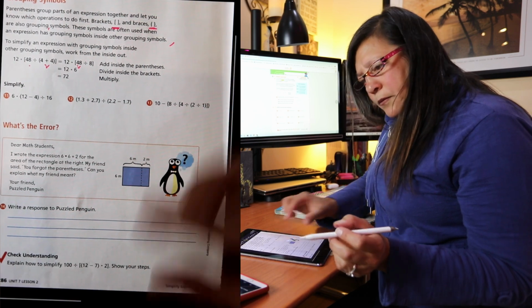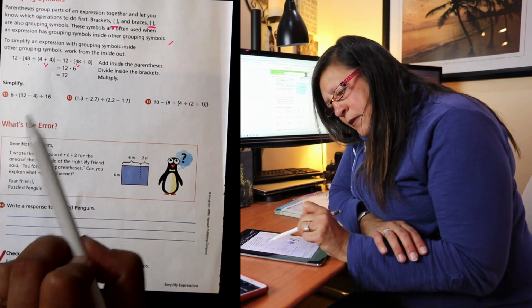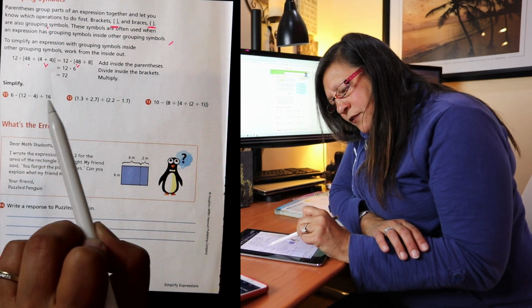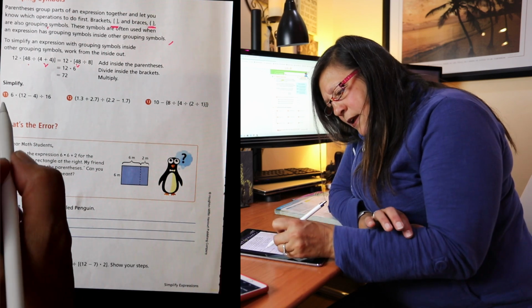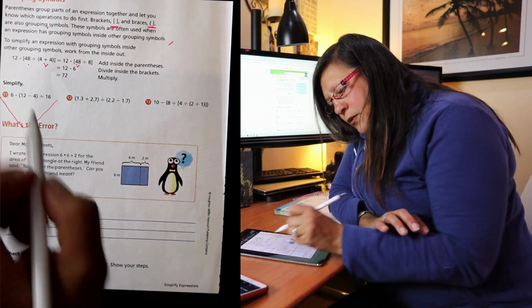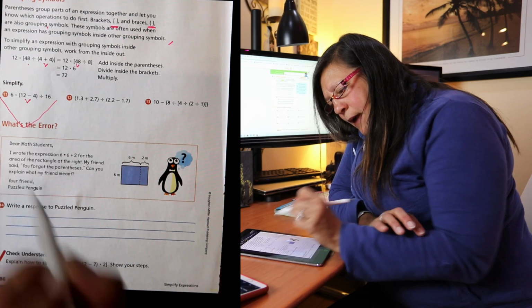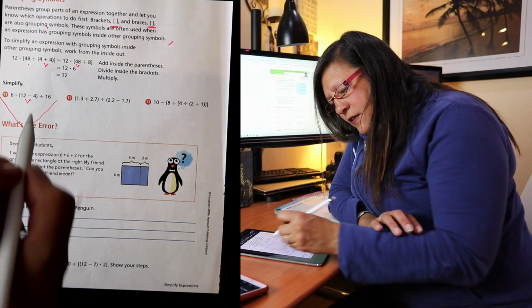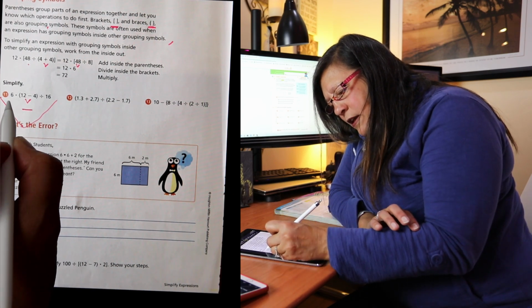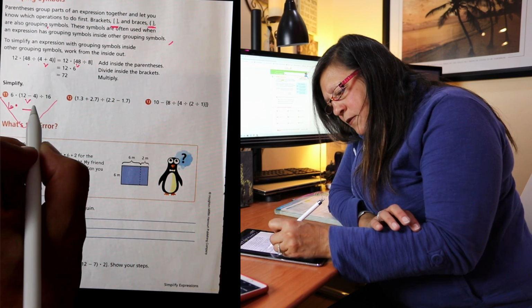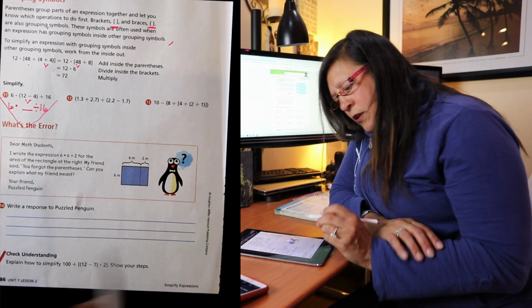All right, so number 7 here, we have 6 times 12 minus 4 divided by 16. Okay, again, I'm going to draw my ice cream cone. First, you do the operation inside the parentheses, get your answer. 6 times, bring everything else down.